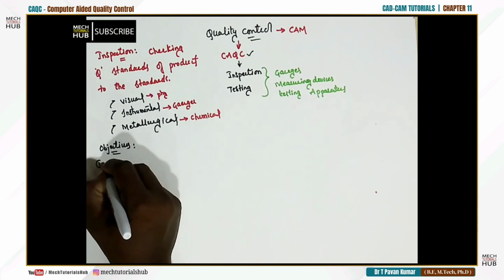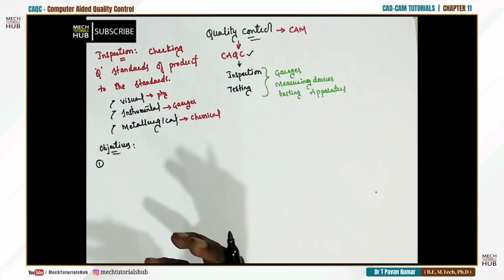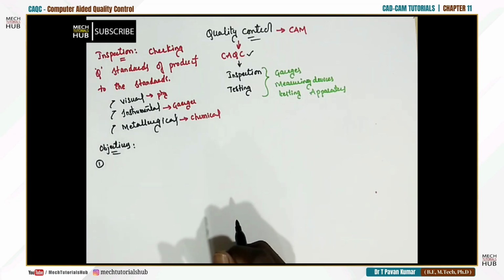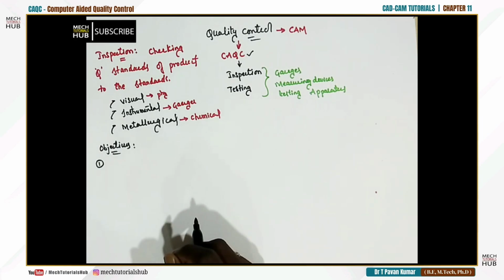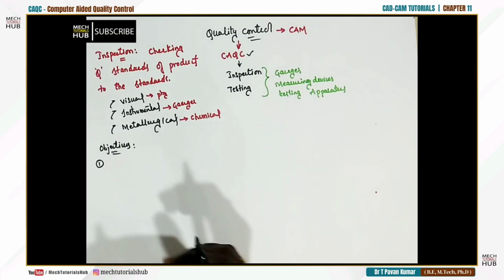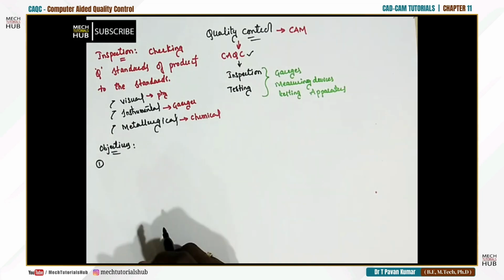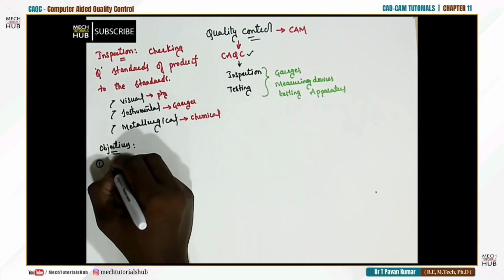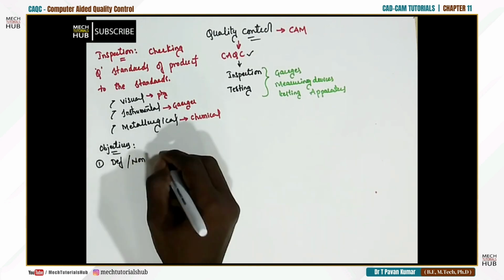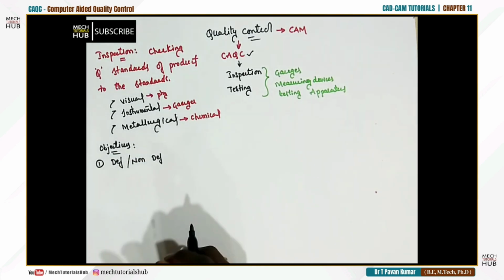The first objective to know is that out of a lot size or batch size, once some 50 components have been fabricated, we need to pick 2 or 3 randomly, maybe the first part, the 10th part, then the 30th part. That is an example. By picking all 3, we test them to know whether the part is defective or non-defective from the lot size.